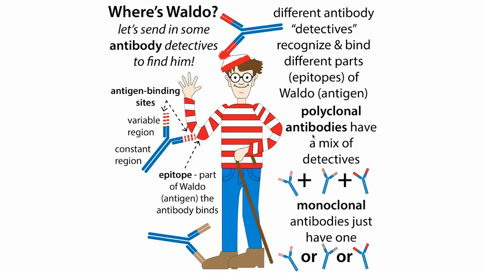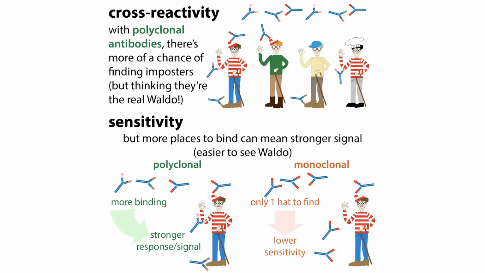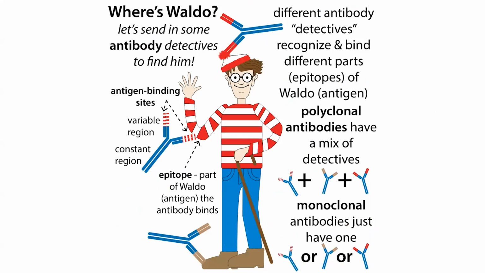With a polyclonal antibody, sometimes we worry about things like cross-reactivity, but it is going to have higher binding affinity. It's going to be able to bind to your protein of interest, your bait, your antigen, in multiple places, allowing for higher affinity binding. And so you're going to potentially get more bound.